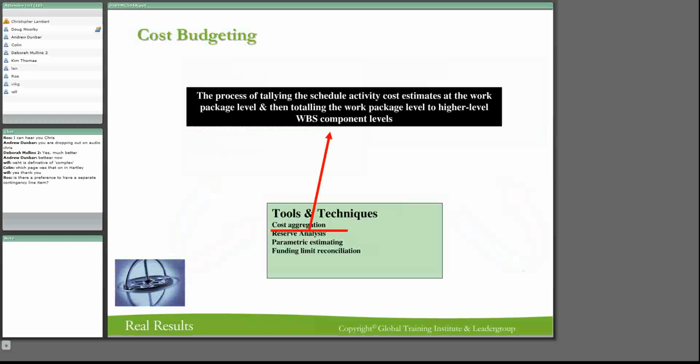Cost aggregation is the process of tallying up the schedule of activity costs at the work package level and then totaling them up until you get to a higher level. All right, so now you're starting from the bottom, and this is why we call it bottom up. All right, so now you're going to aggregate until you get to the cost per milestone or cost per details. Now that's going to help you when you start looking at costs and variances. And you want to see quickly whether something is going out of kilter or not.